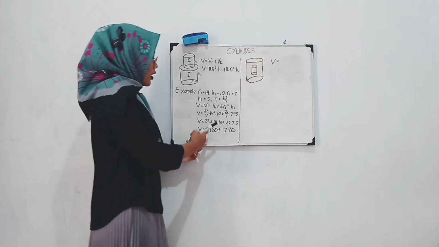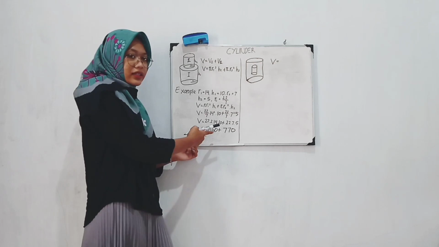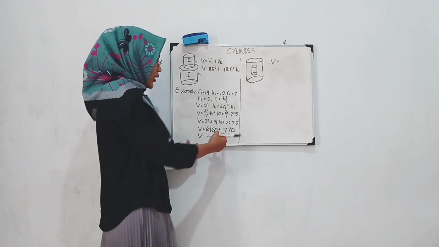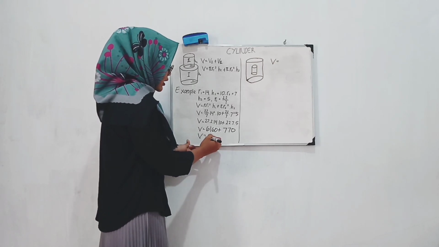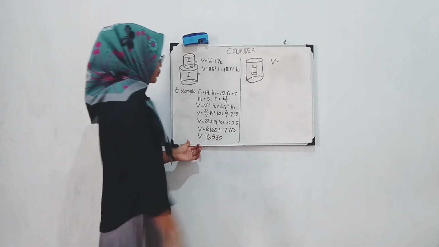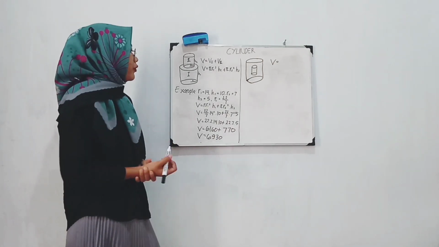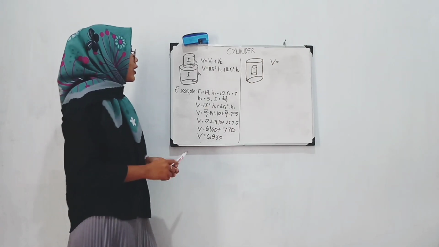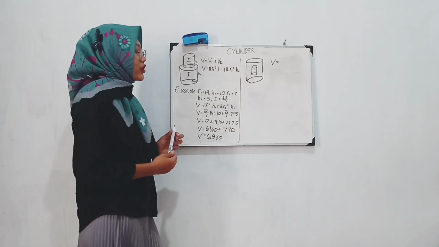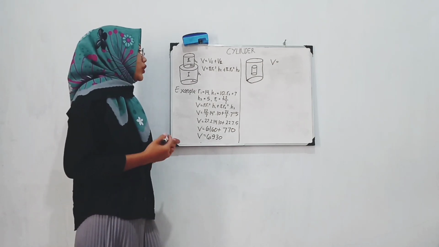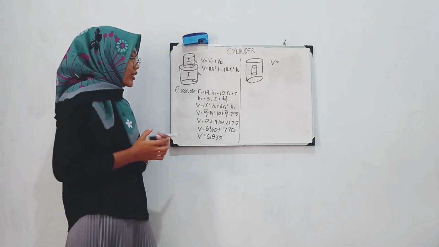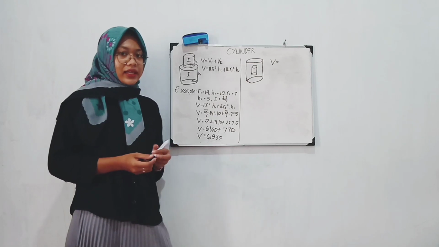Volume equals 6160 plus 770 is 6930. So the combined volume of the cylinders with radius 1 equals 14, height 1 equals 10, radius 2 equals 7, height 2 equals 5, and π equals 22/7 is 6930.